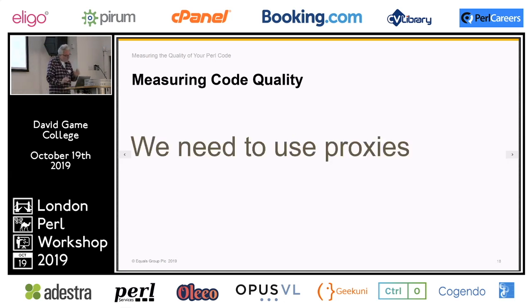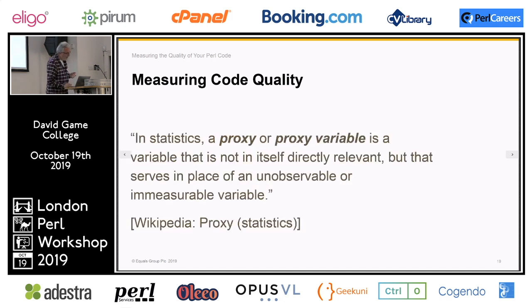Well, no. So what we need to do instead is we need to measure proxies. Proxies, Dave, I hear you say. What are they? Well, I'm glad you asked, because I'm going to answer. I asked Wikipedia. So in statistics, a proxy is a variable that is not in itself directly relevant, but which serves in place of an unobservable or immeasurable variable.